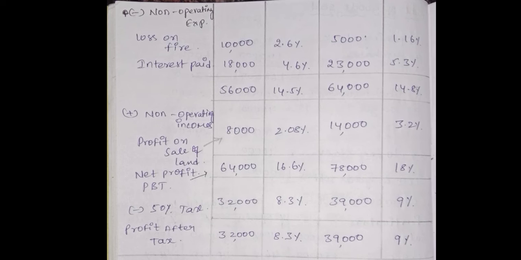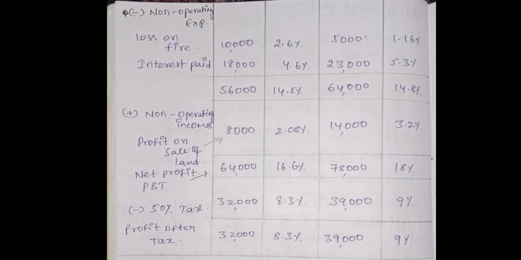So we will pay the money to the creditors once in 3 years, once in 4 years, or once in 2 years. So this kind of expenses are called non-operating expenses. So how will we calculate the percentage of sales? 10,000 divided by 3,84,000 into 100, then we get 2.6%.